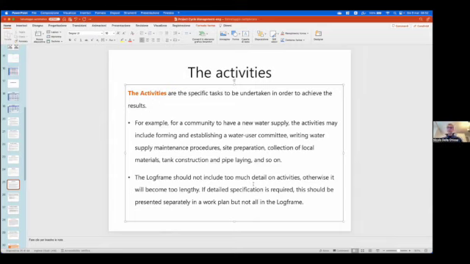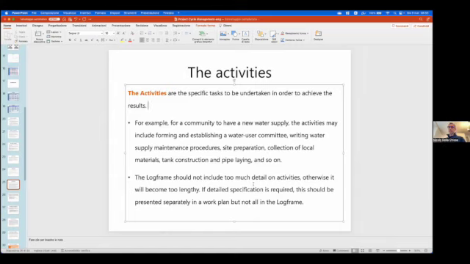So for instance, if we have to build an irrigation system, we will have to, for instance, do a market research, to buy the equipment, then set out a call for proposals to be able to buy the equipment at the best price. Then we will have to actually transport the equipment to the site. So these are, let's say, sub-activities that can be detailed.